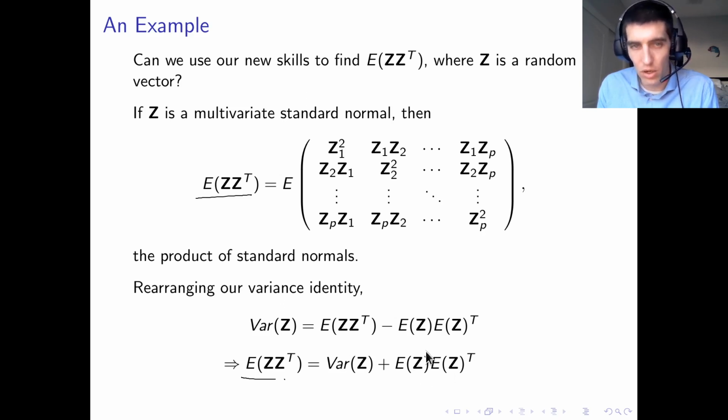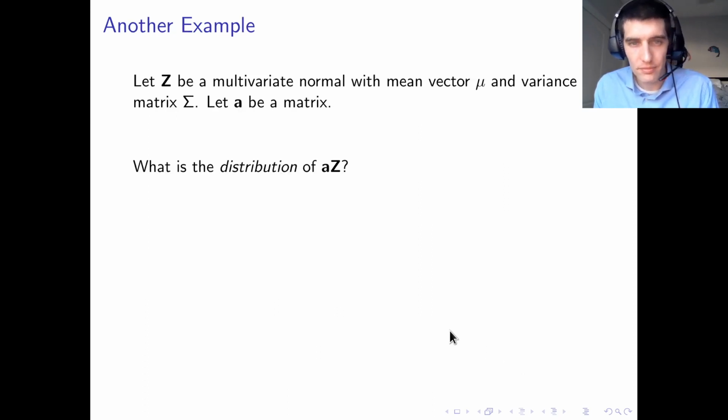The expectation is mean 0, so the outer product of the 0 vector is 0. The variance of a multivariate standard normal is the identity. We just get the identity.